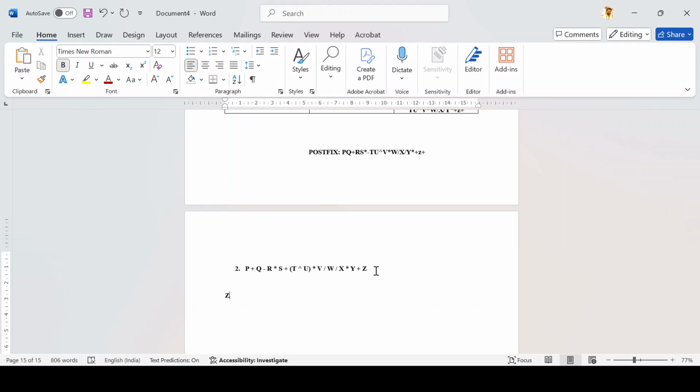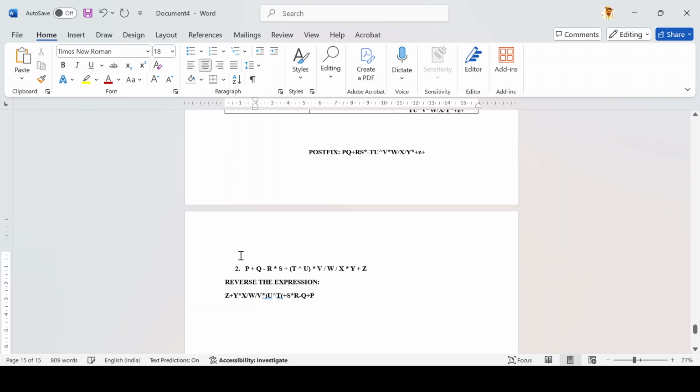So Z plus Y into X division W division V into, and then close the bracket, and then U exponential T, open the bracket, plus S into R minus Q plus P. So the first step is to reverse the expression for the prefix.